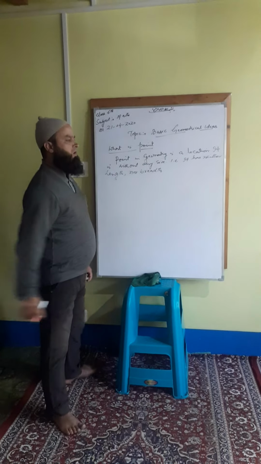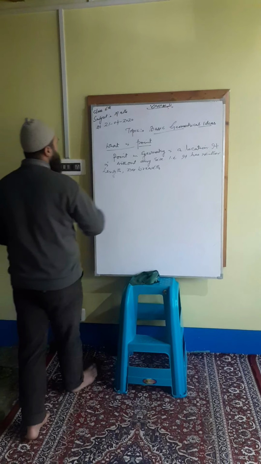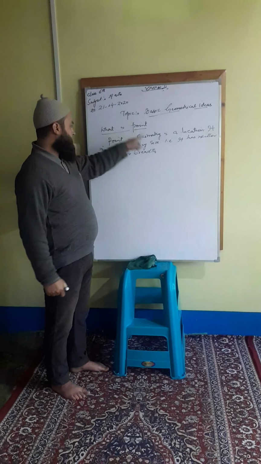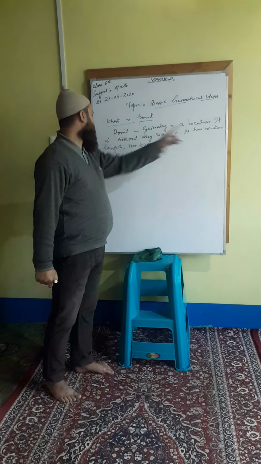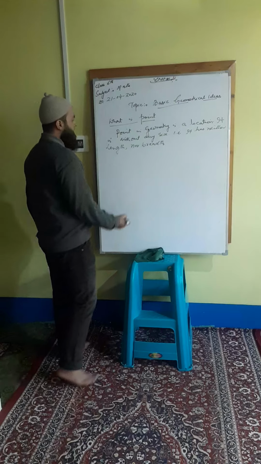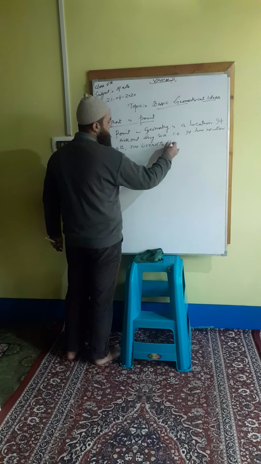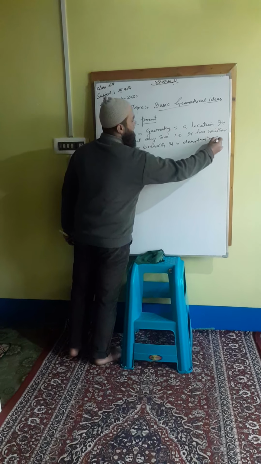So, a point is defined as, in geometry, a location without any size, that has neither length nor breadth. It is denoted by a dot.